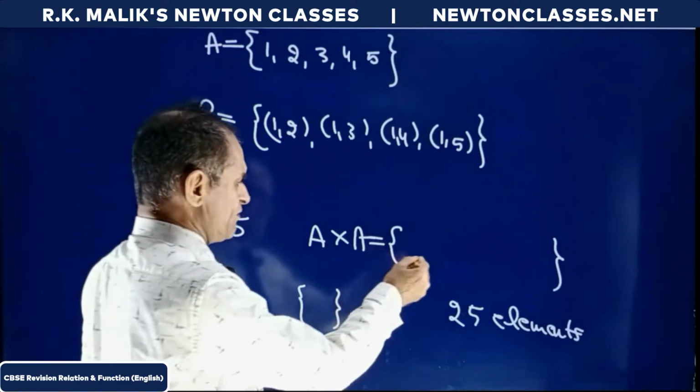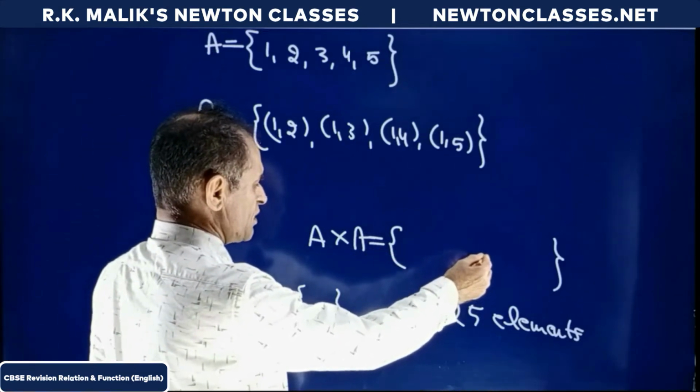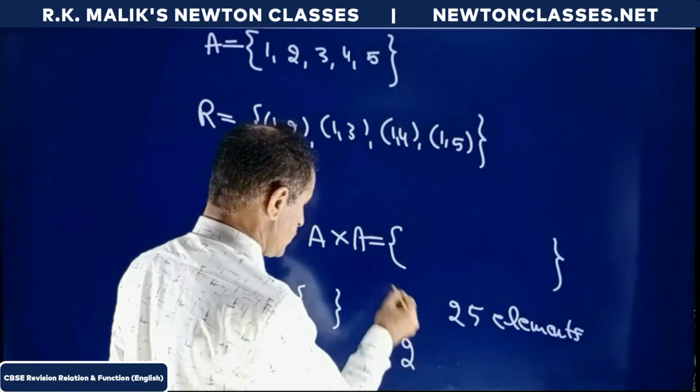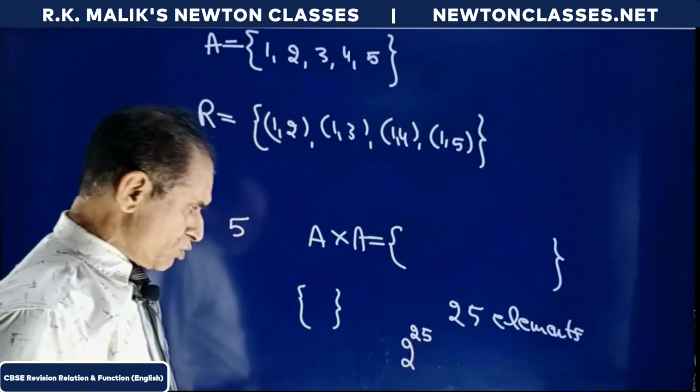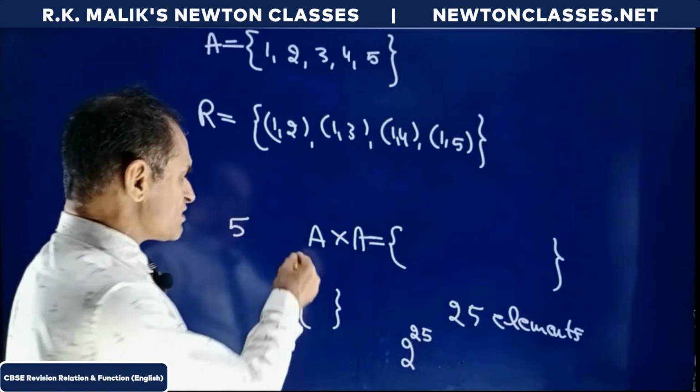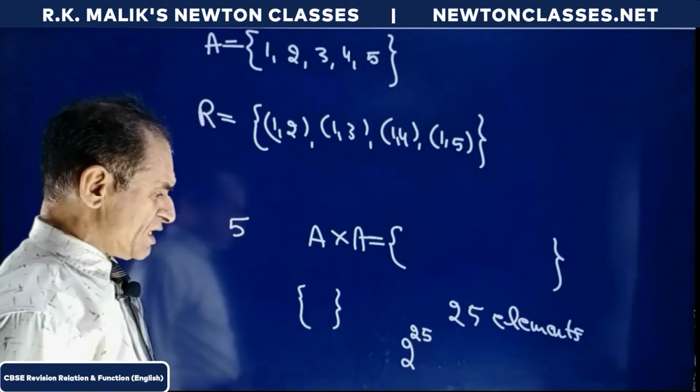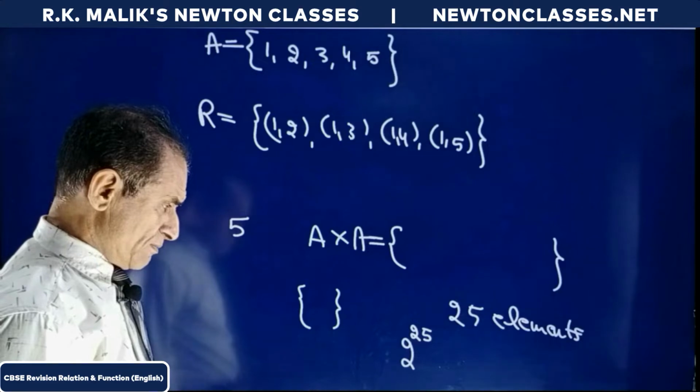And because it is having 25 elements, the number of subsets of A cross A will be 2 to the power 25. And every subset of A cross A is called a relation.